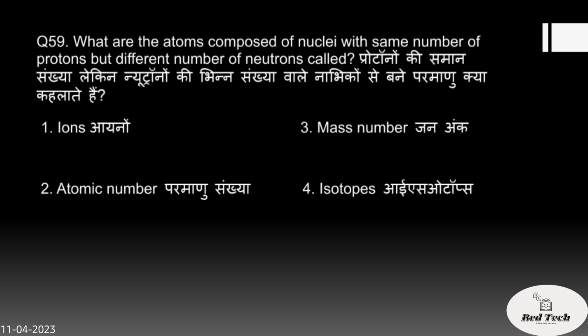Options are: option 1 is ions, option 2 is atomic number, option 3 is mass number, and option 4 is isotopes. So the right answer is option number 4, isotopes. Isotopes have the same number of protons but a different number of neutrons.